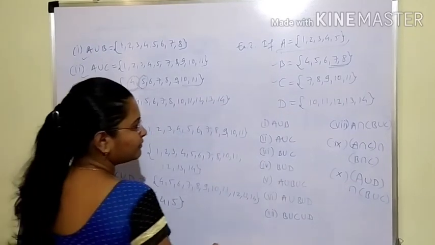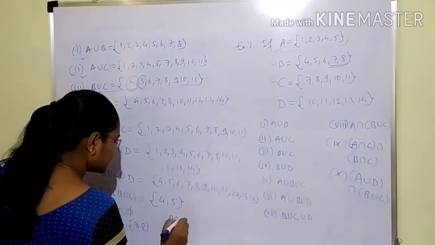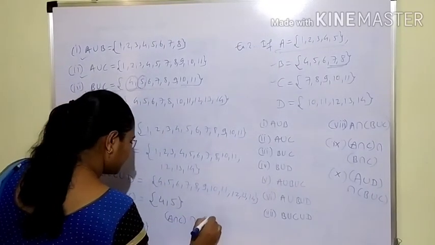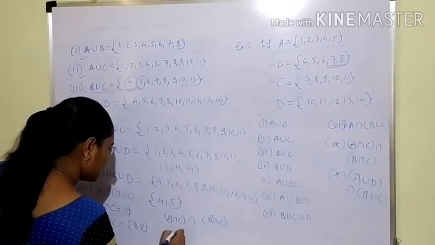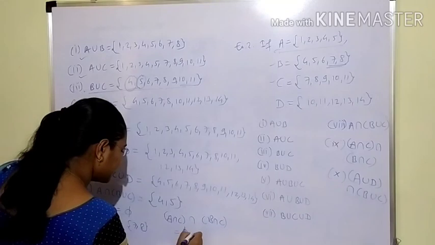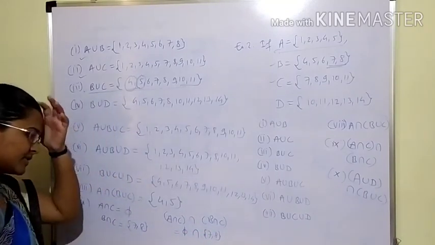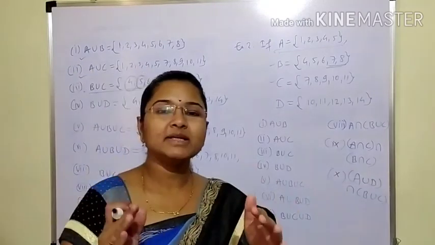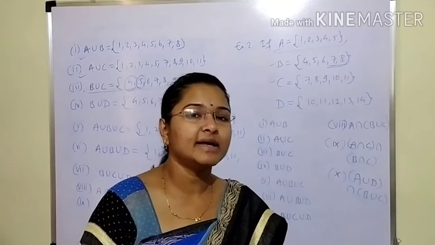Now we have to find intersection of both these sets. A intersection C intersection B intersection C. Okay. Now this is equal to empty set intersection with 7, 8. Now students, we know that empty set is a subset of all sets because empty set is not containing anything.